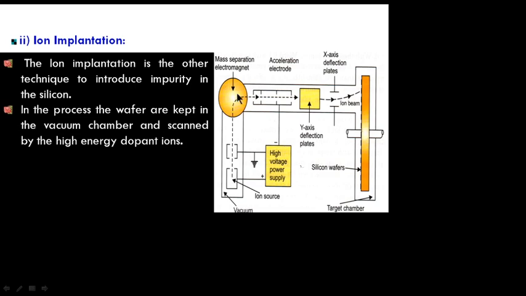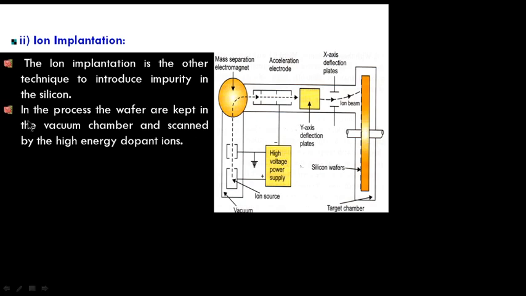The mass separation electromagnet diverts the beam in the direction of the screen, and the accelerator accelerates it. Y deflection is observed, and X deflection can be controlled by another pair of plates, and finally the beam of ions reaches our target, which is many wafers together and so on.